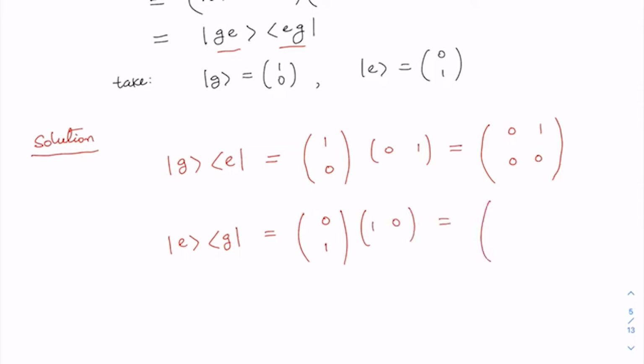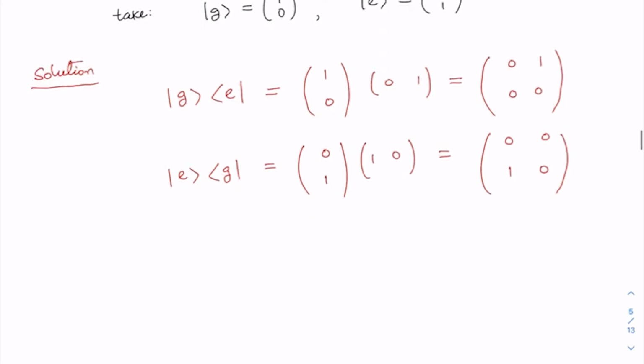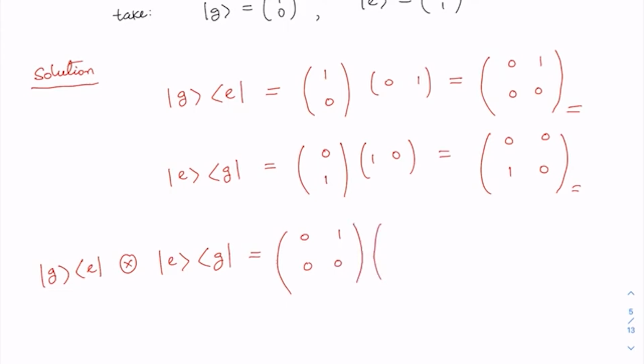So therefore I will have 0 0 1 0. Okay, now let us take the tensor product or direct product, ket z bra e tensor product with ket e bra z. That would be just multiplication of these matrices. So let me write here 0 1 0 0, 0 0 1 0.